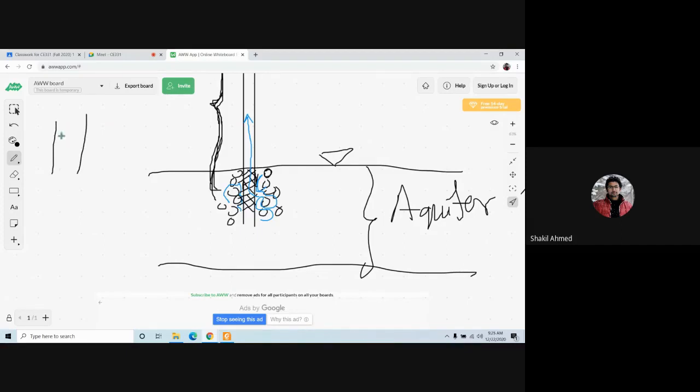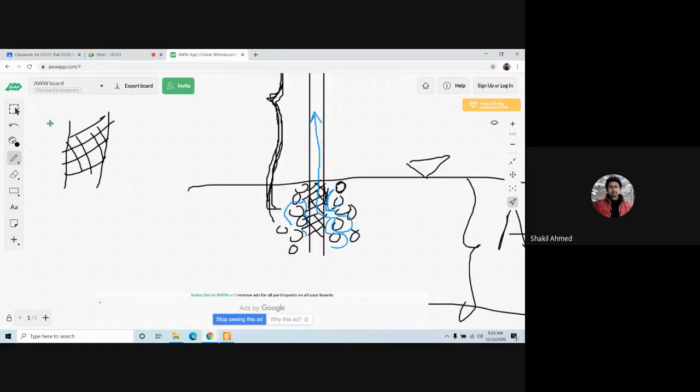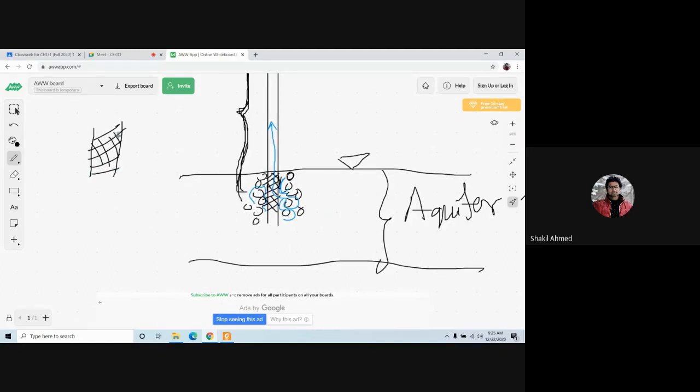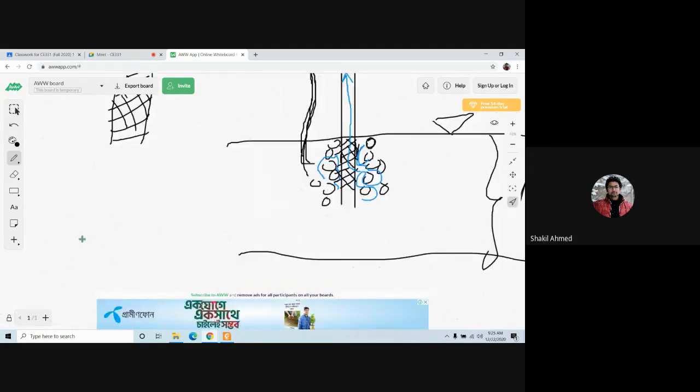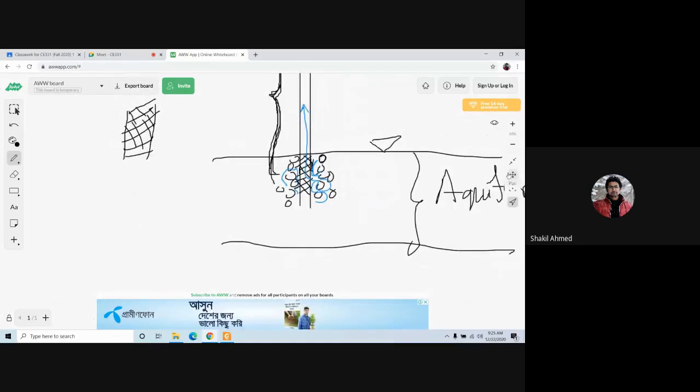And that's why, for better efficiency, we design the screen. If this is a screen, for better efficiency, let's draw it here again.